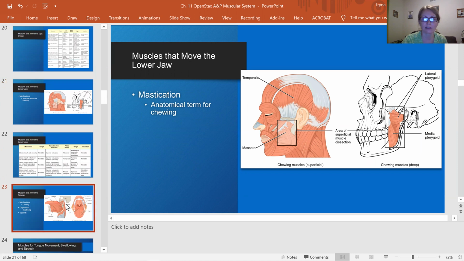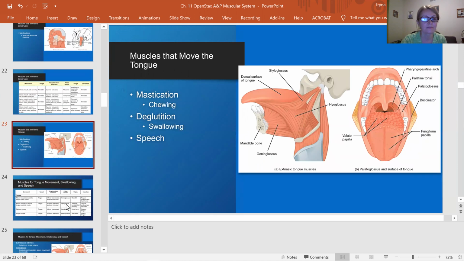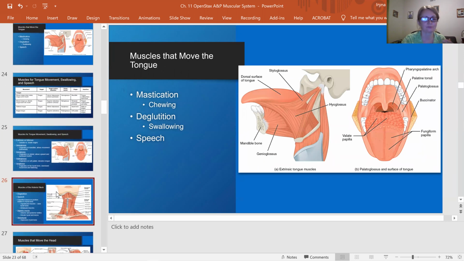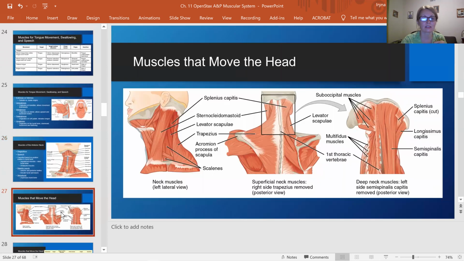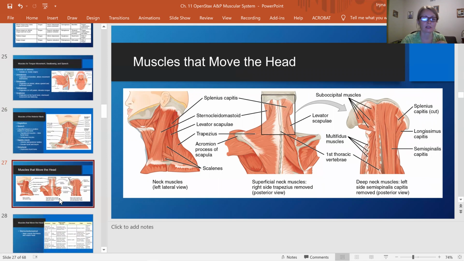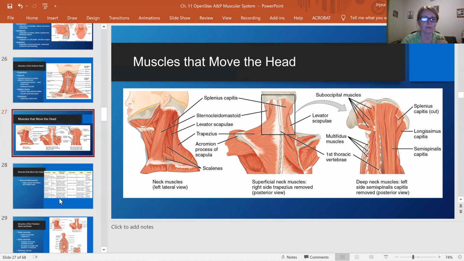We talked about muscles that move your tongue. Then muscles in the anterior triangle of your neck, that would be suprahyoid and infrahyoid group. Then we said the muscles that move your head, right? Sternocleidomastoids, splenius capitis.